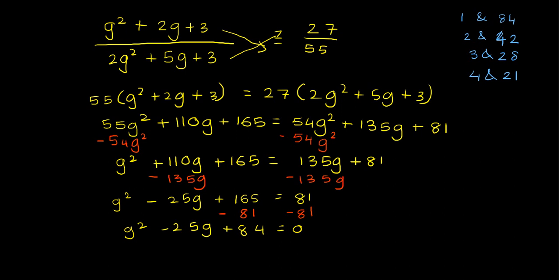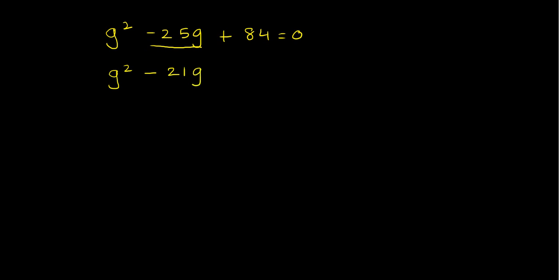So I'm going to need another page, and I'm going to factorize it there. My quadratic was g squared minus 25g plus 84 equals 0. I'm going to split this into my two numbers, minus 21 and minus 4. Once I've done that, I'm going to factorize these two and these two.